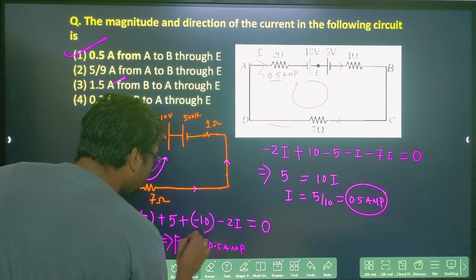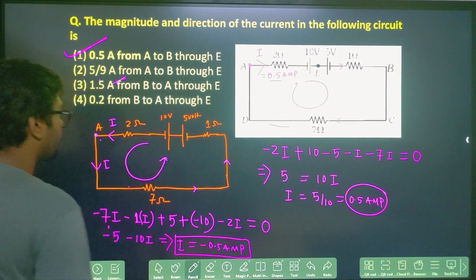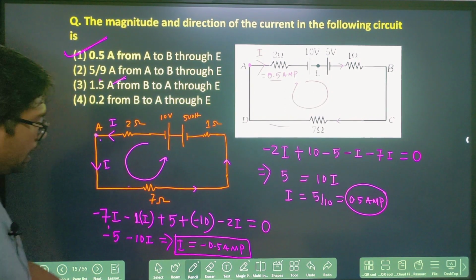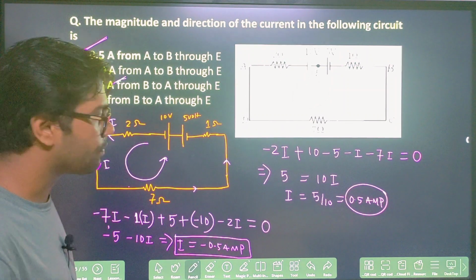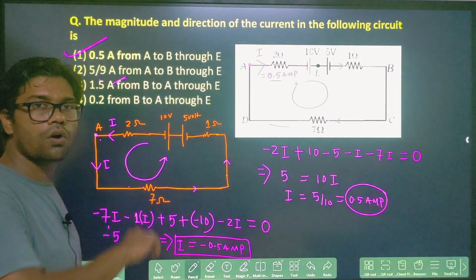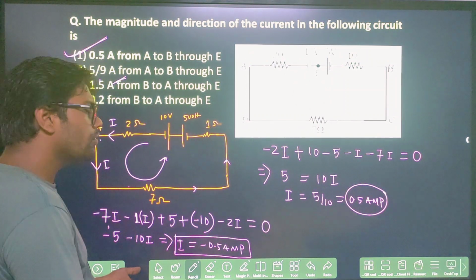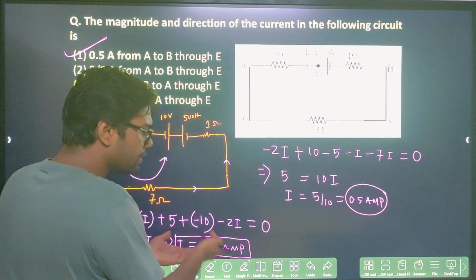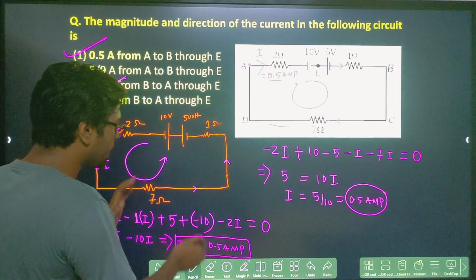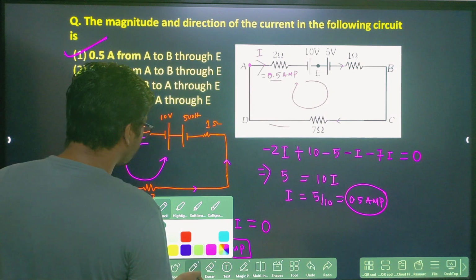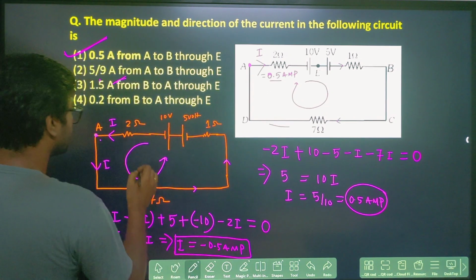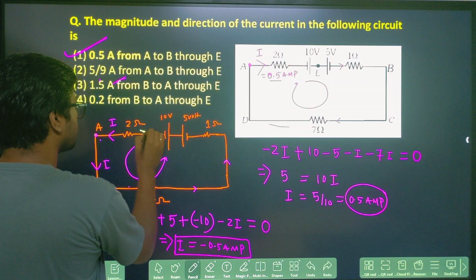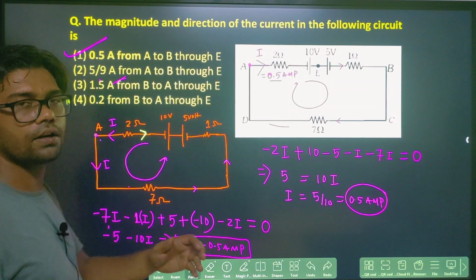Current cannot be negative. If the current is coming out negative, that means you have chosen the direction wrongly. Only you have to make the current positive and reverse the direction. So originally in the answer, the current direction should be along this direction, because current cannot be negative.